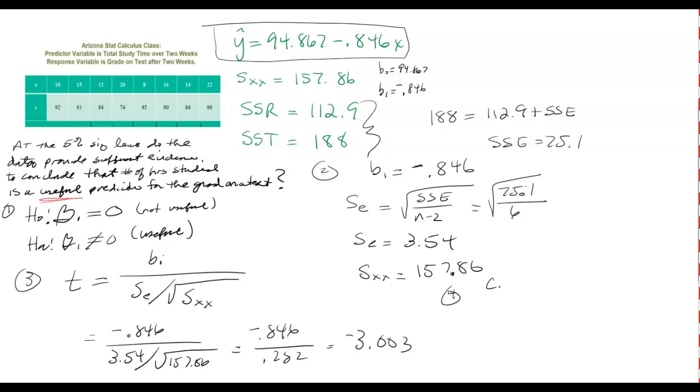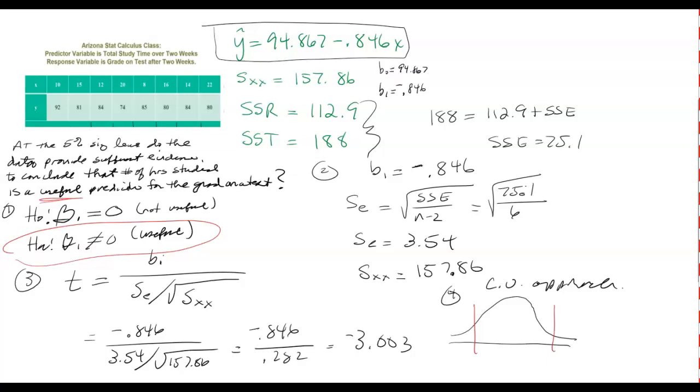Let's do a quick critical value approach. We haven't used the t-table in a while, but go ahead. You do your critical value approach. Remember, we're back to the t curve. Go back to your alternative hypothesis. You see that this is not equal to, which means it is two-tailed.